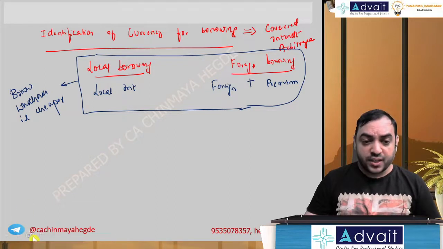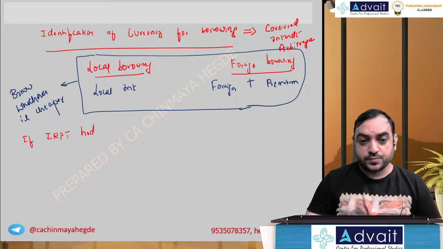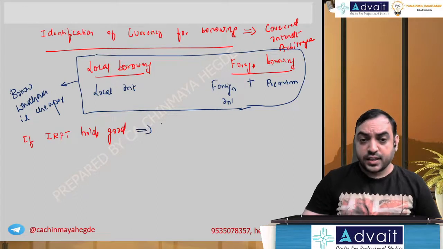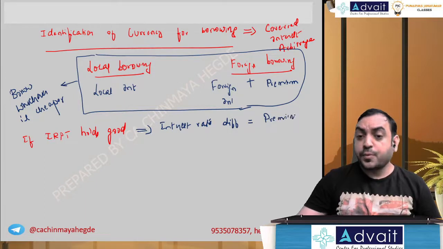So if IRPT holds good, the interest rate differential should be equal to the premium, approximately, of course.